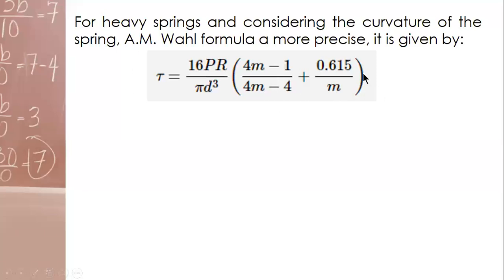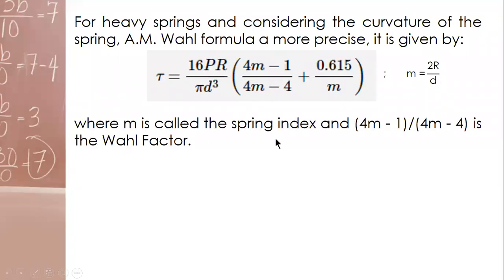So, m is this. 2R is the mean diameter, the actual diameter of the spring itself, while d is the diameter of the wire. The wire is what is used, but 2R is the diameter of the spring itself. And m is called the spring index.